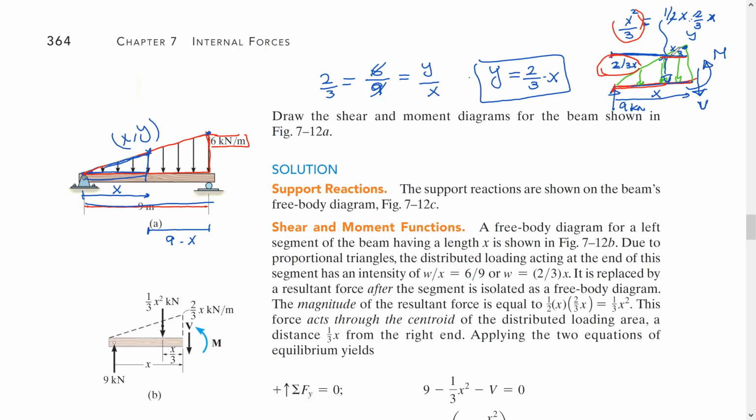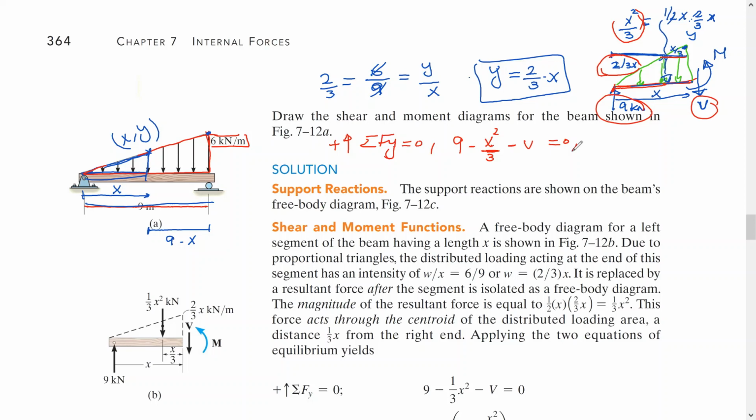So if we take the summation of Fy for this part equal 0, assuming it's positive upward, we do have 9 kilonewton, which is the reaction here, minus x squared divided by 3, minus V, which is here, equal 0.